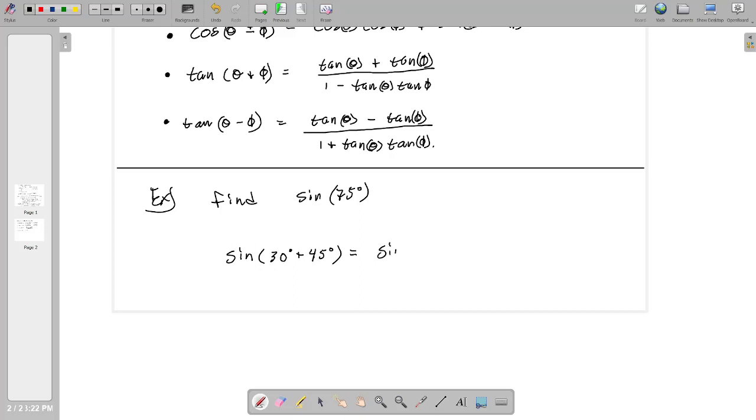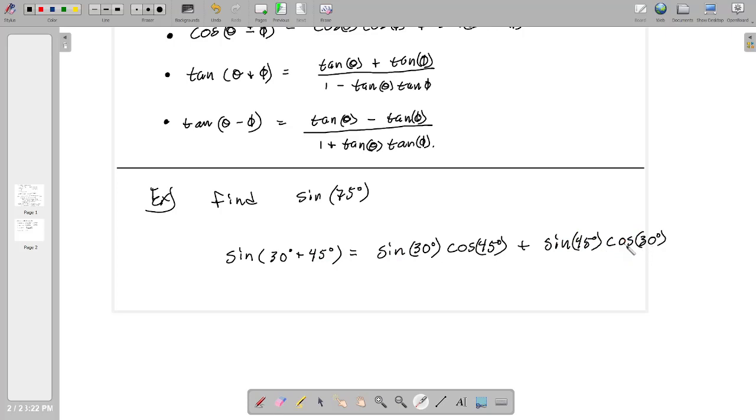So we do sine of the first angle, sine of 30 degrees, cosine of the second angle, 45 degrees, plus, because we have an addition, sine of the second angle, which is 45 degrees, cosine of the first angle, 30 degrees. A lot of people swap this order. That's fine. I don't know why I like to keep my sines first and my cosine second.